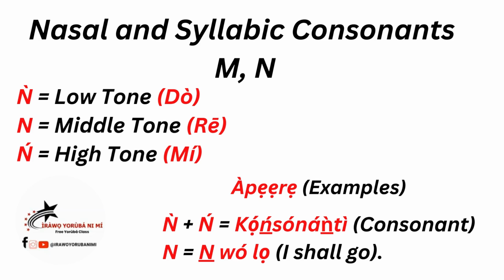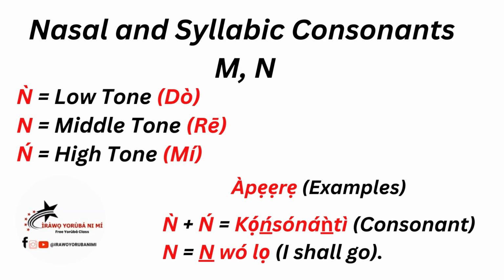The next one, we have the middle tone, pronounced as re, re. Like I said, in the Yoruba language, there is no need to affix the re tonal mark on any word. So we leave the ni blank.